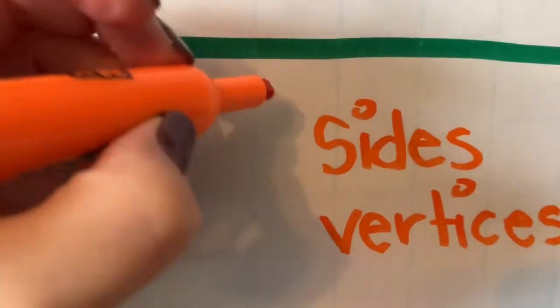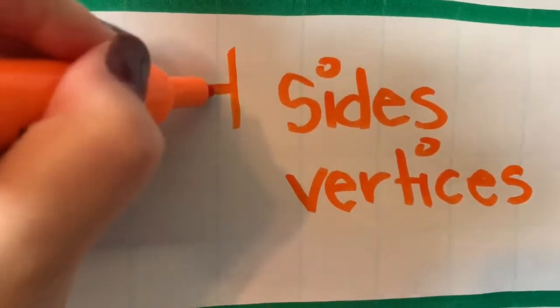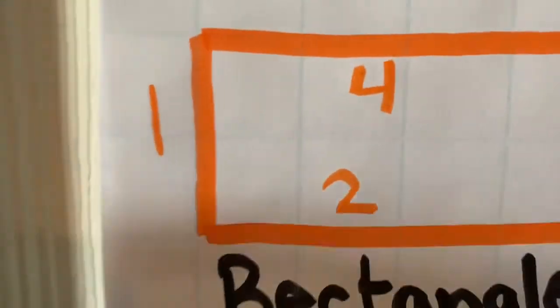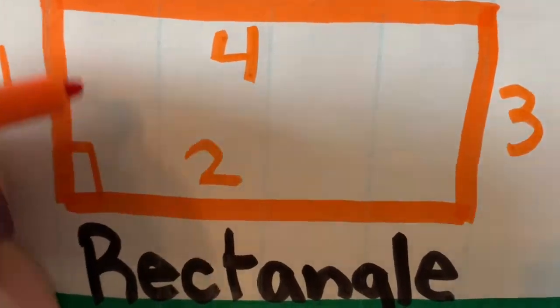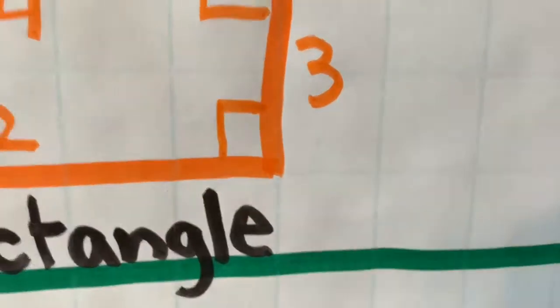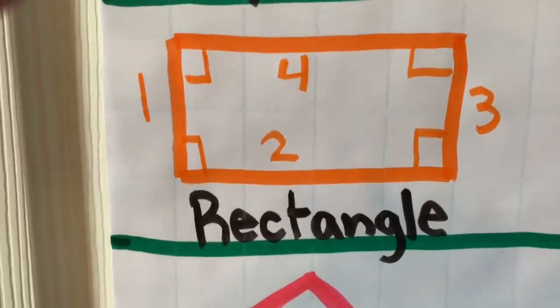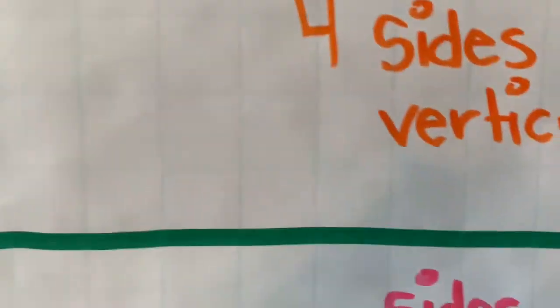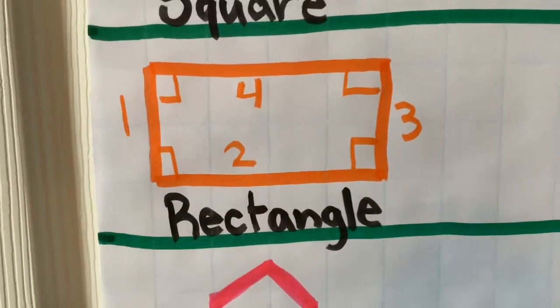So it has 4 sides also, just like our square. And now let's look at its corners. 1, 2, 3, 4. It has 4 corners also, so 4 vertices. That's our rectangle with 4 as well.